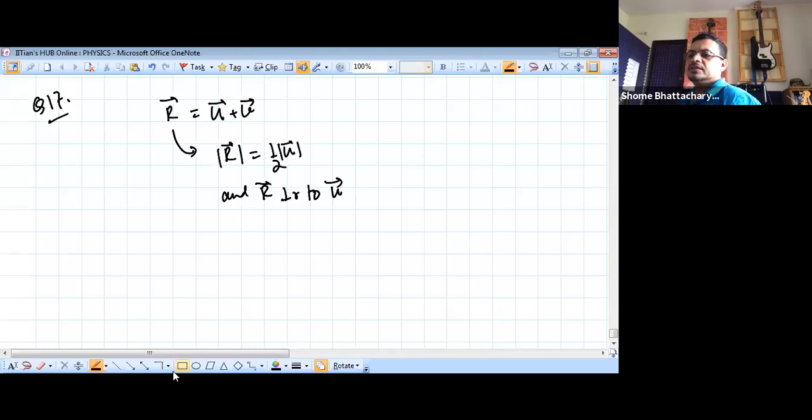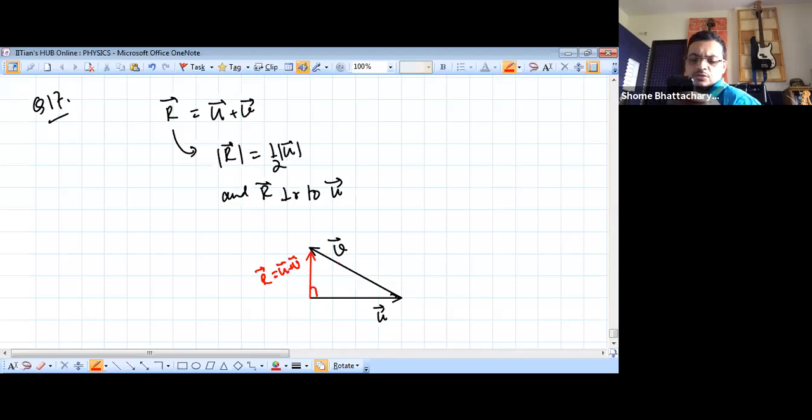Okay, so just draw the vector triangle. So you'll understand that if let's say this is the vector u, then the vector v has to be such that its resultant with this, u plus v, is such that the resultant is perpendicular and of magnitude half of this.